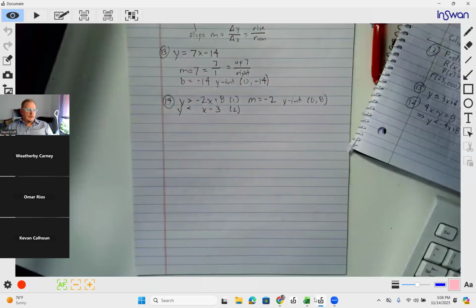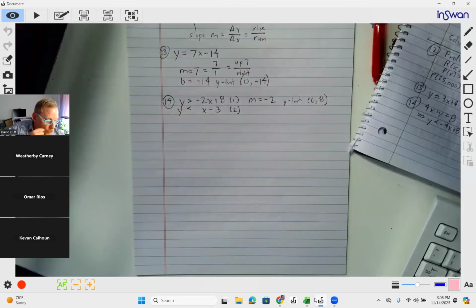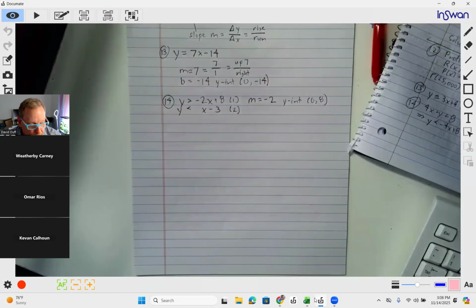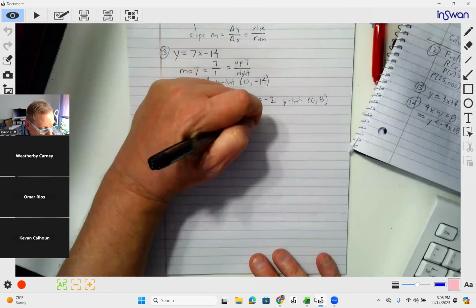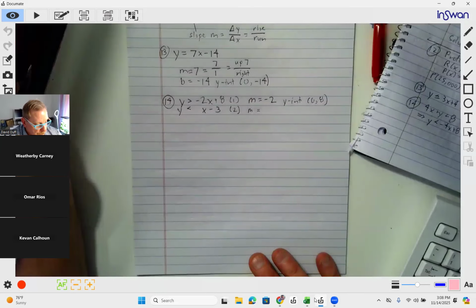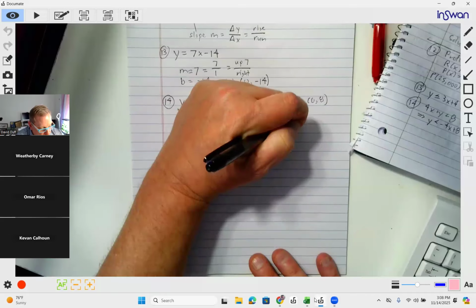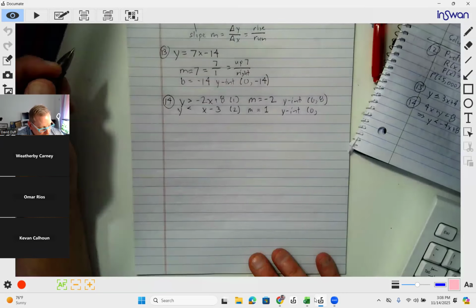Now, my next question is this. Is equation 2 in slope-intercept form? Yes, it is. What is the slope of equation 2? 1. And what is the y-intercept of equation 2? Negative 3.